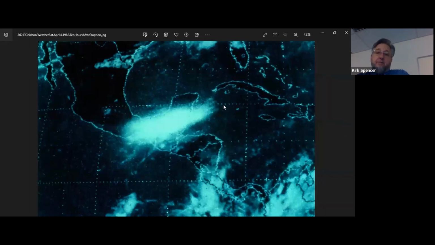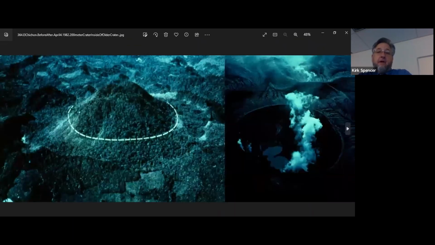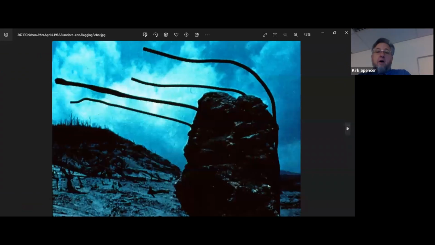And that's a thick plume of pyroclastics. What that means is the people below are experiencing night, but it's in the daytime. It's very, very dark. This is a photograph taken of the initial plume of Chichon, before and after. So it literally blew its top off of the volcano.